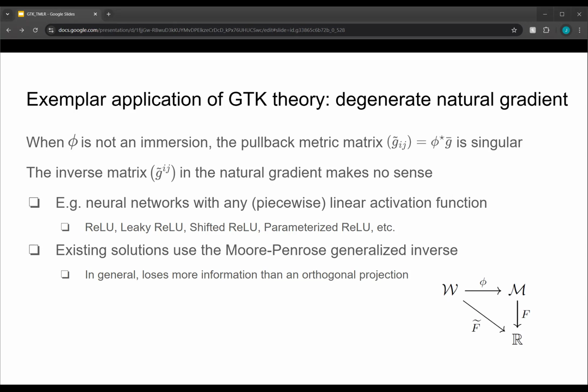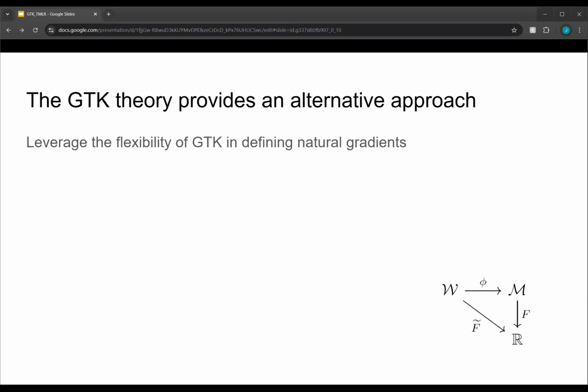However, following our projection view, in general, it loses more information than an orthogonal projection. The GTK theory provides an alternative approach that guarantees orthogonal projection. The key idea is to leverage the flexibility of GTK in defining natural gradients.